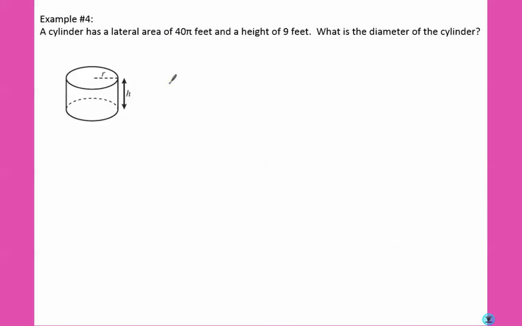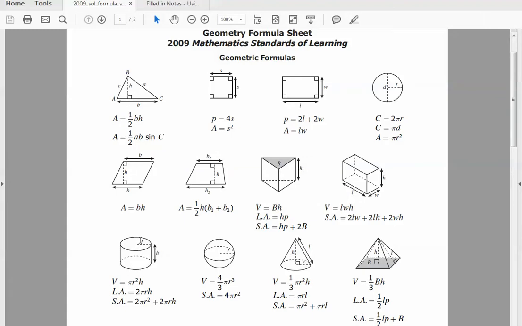Example number 4. A cylinder, so there's our shape, has a lateral area. That tells us what formula to use. So the lateral area equals, cylinder, lateral area is 2 pi RH.